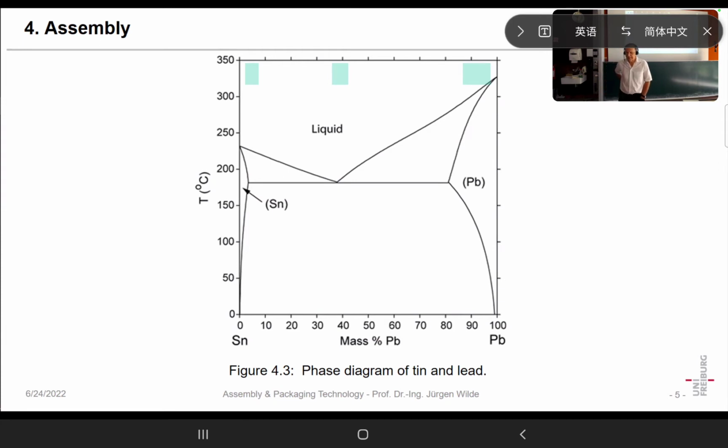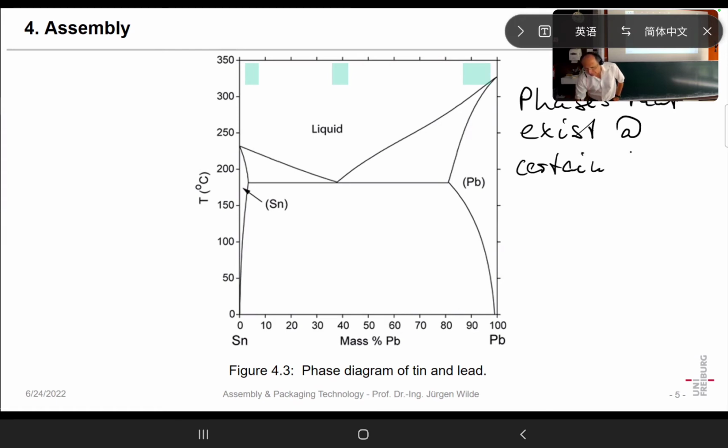Yes, and in fact, the main thing a phase diagram shows us is which phases exist at a certain temperature and, now I say X for the composition, yeah?